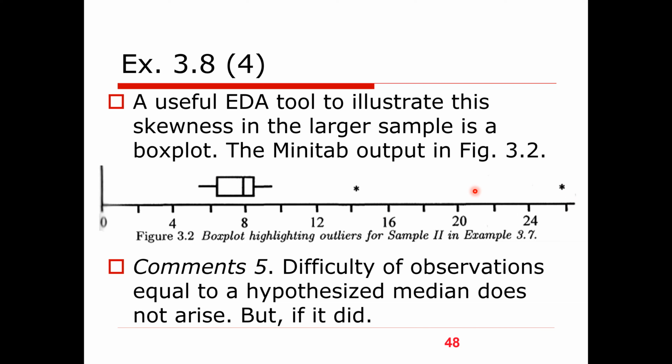So comment 5: the difficulty of observations equal to the hypothesized median does not arise here, but if it did, we didn't get numbers too close in this case, but it is possible to have a sign test.